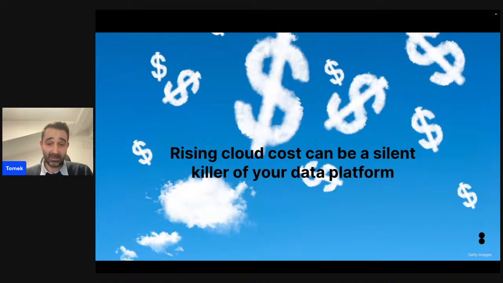And if they keep seeing that, that may mean that there will be a lot of disturbance within the data platforms, and in some circumstances, even shutting down some initiatives. So again, very important topic and something to consider when you're running your data platforms.